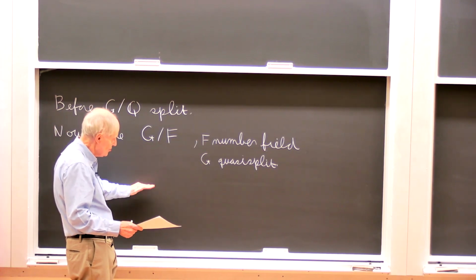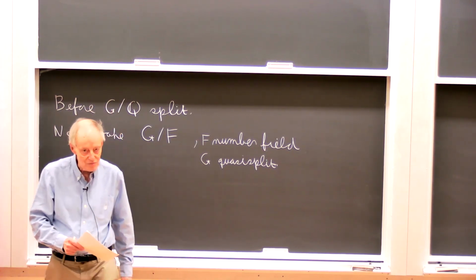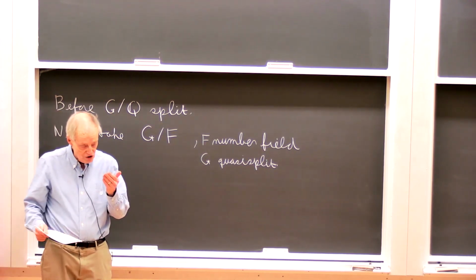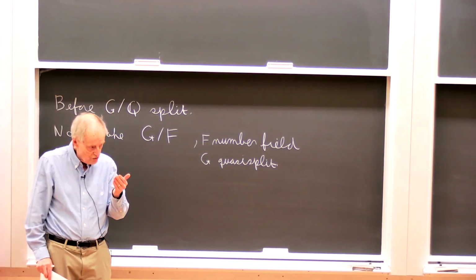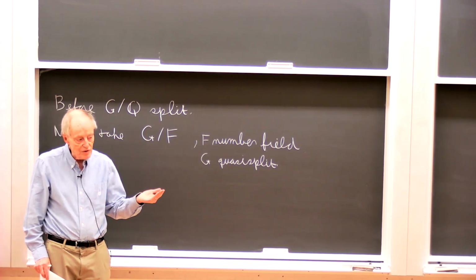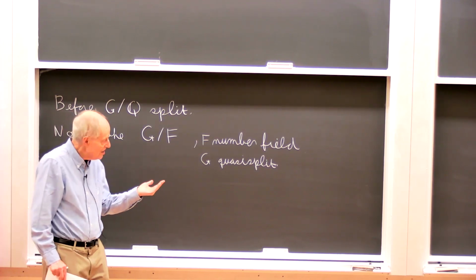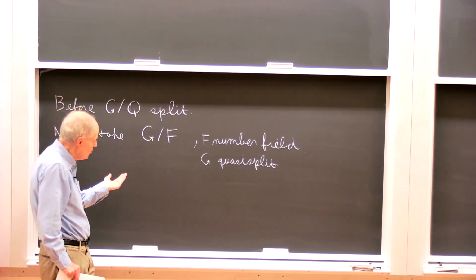So one takes those as the basic objects. To get quasi-split groups, which is a little bit more general, you take a split group and you twist the Galois action on the split group. What does it mean to twist the Galois action? It means that you take a homomorphism.